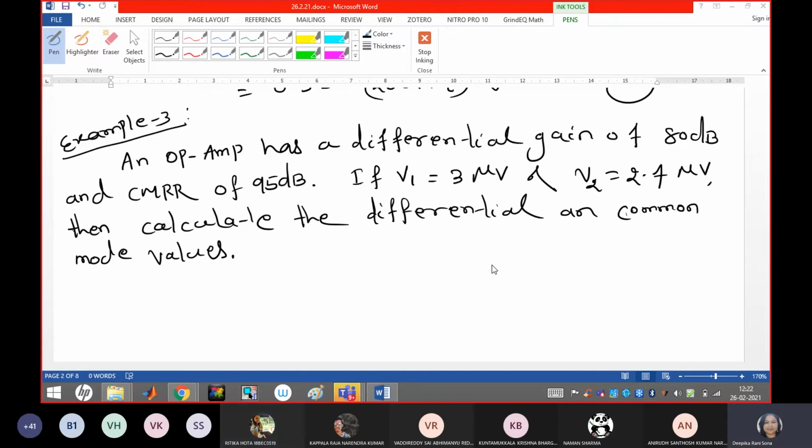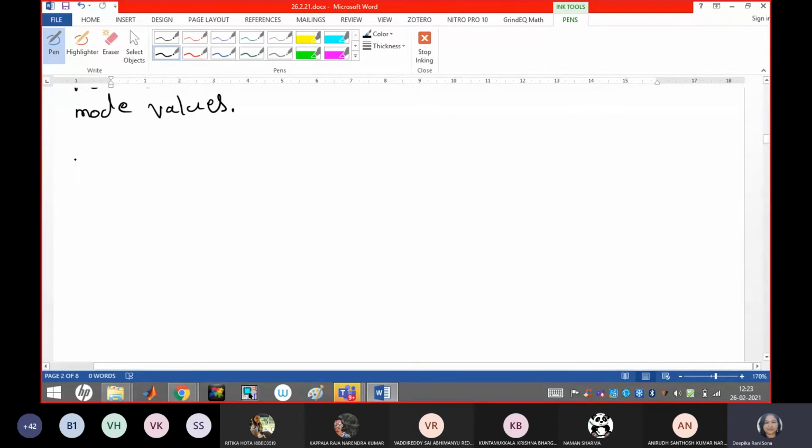Then how do we represent the voltage now? What should be the equation for the voltage? It should contain both the differential term and common term, or any one term. Ma'am, both. Both, yes. So tell me, if I convert the 80 dB and 95 dB to the normal scale, what should be the values? For 80 dB, it's 10,000, or 10 to the 4, right?